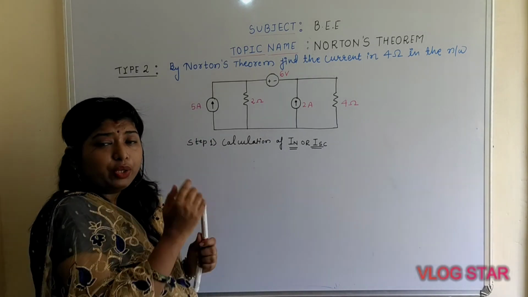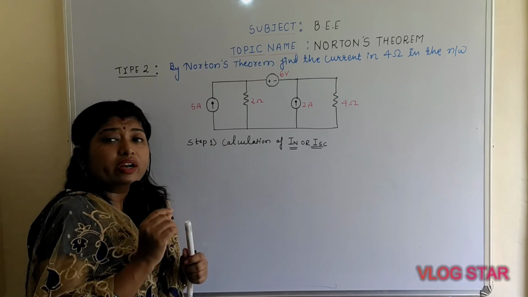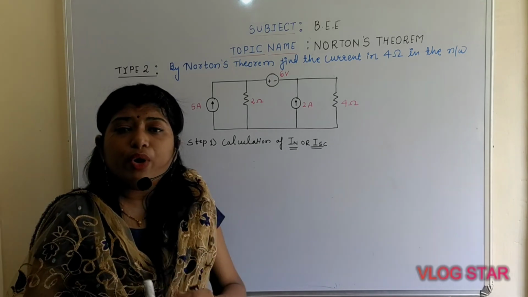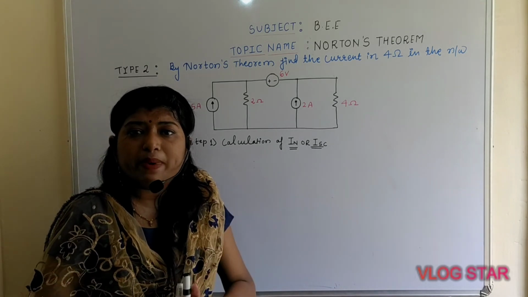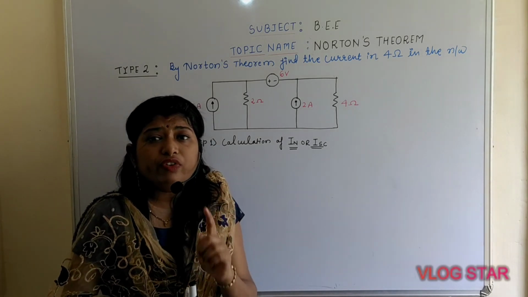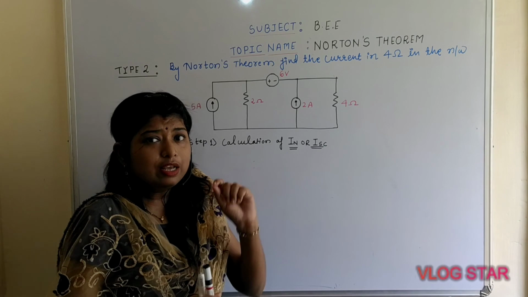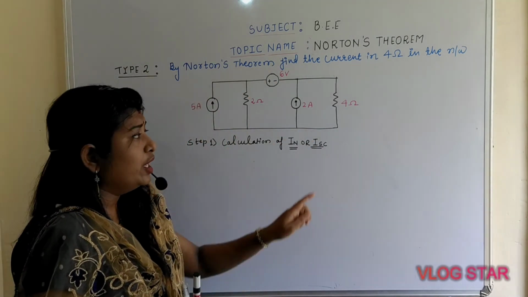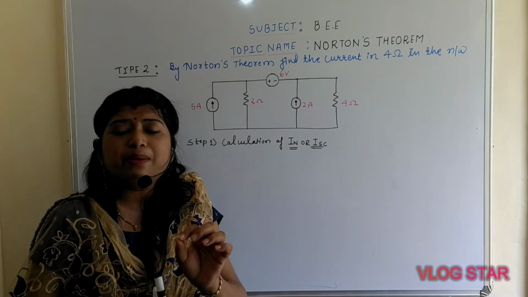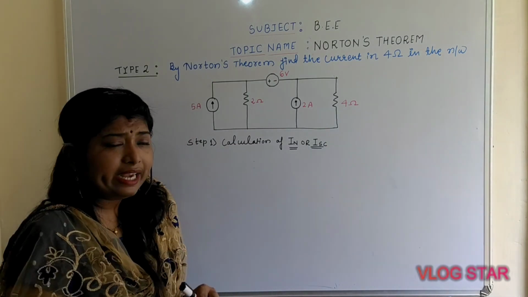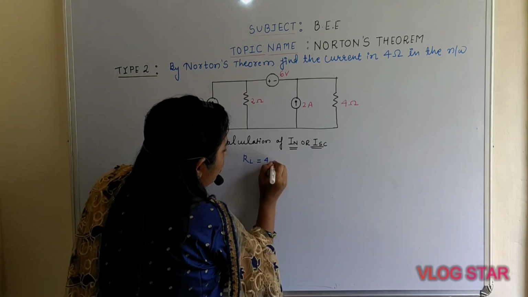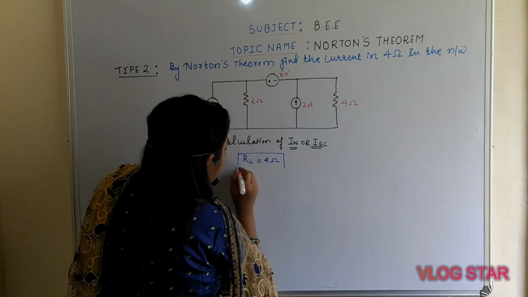Before proceeding further, you need to identify the load resistor, or the branch resistor, from the circuit. What is basically the load resistor? The resistor through which you have to calculate the current. So as per the given example, you need to calculate the current flowing through the 4 ohm resistor by simply using Norton's theorem. So what would be your load resistor value? RL is equal to 4 ohm. This you need to remember.